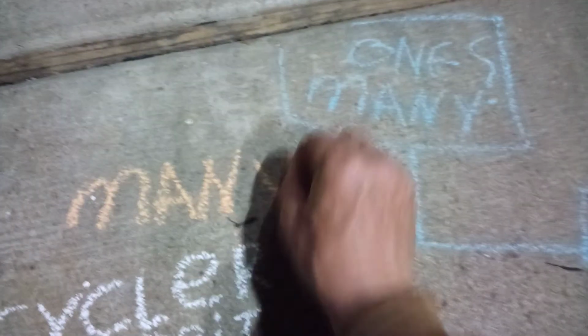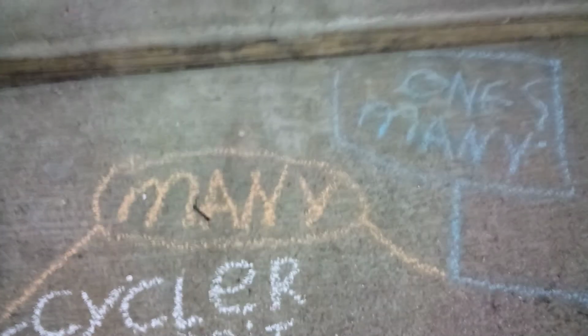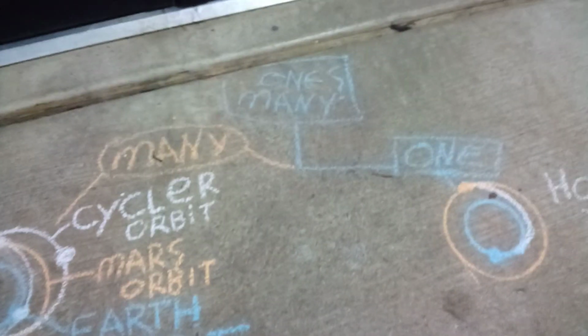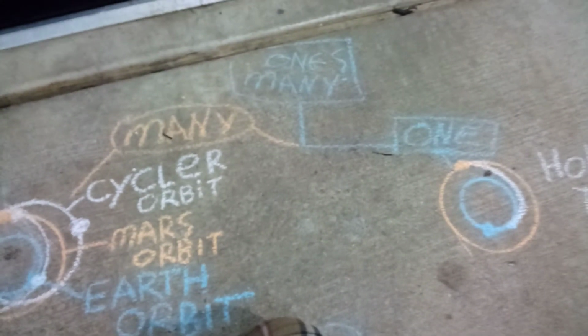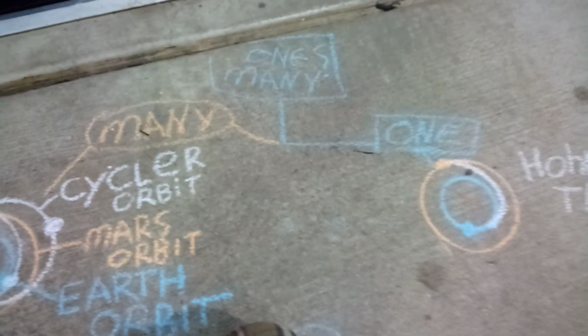Many, put a box around it, or a circle. If you're going to go the route of many, you want this one. So that's your flow chart right on top there.